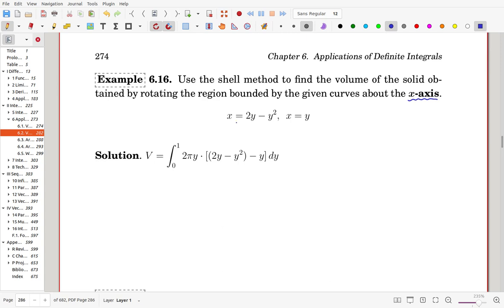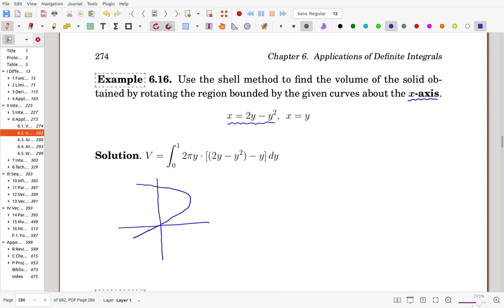This one is a quadratic parabola, open left. The value of x equals 0 when y equals 0 and 2, so it makes such a shape like that.